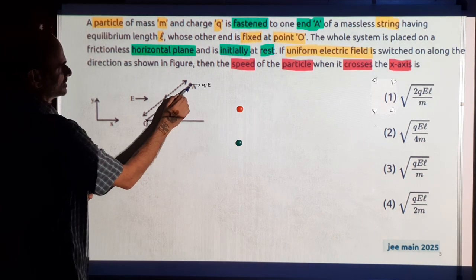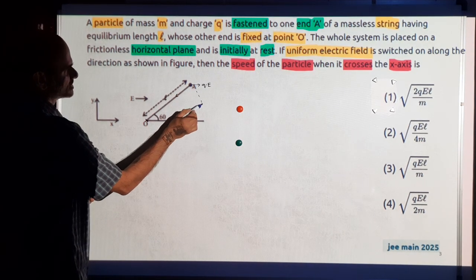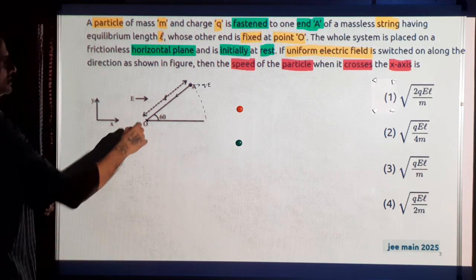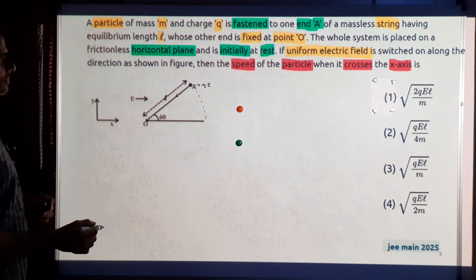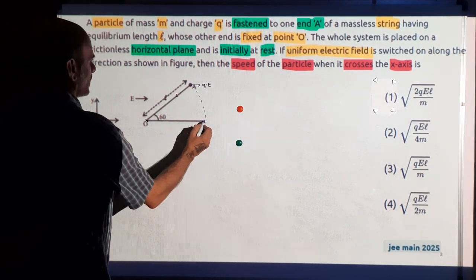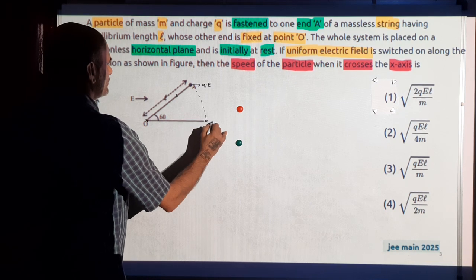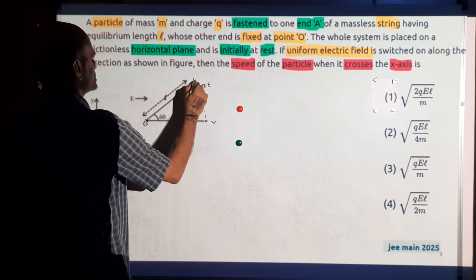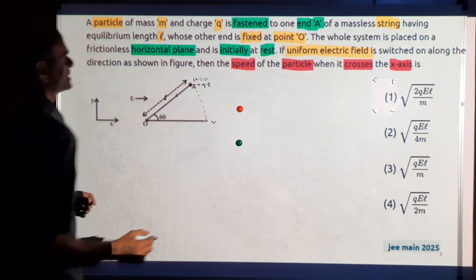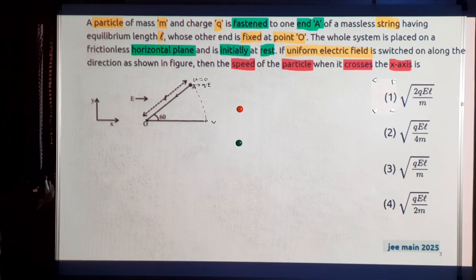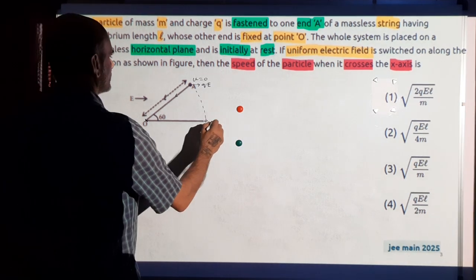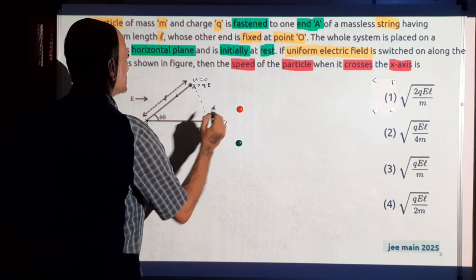So this will start moving like this in a circle because the string length is fixed. And here when it comes, it will have some velocity v. The initial velocity is 0, starting from rest. So you have to find this speed v.